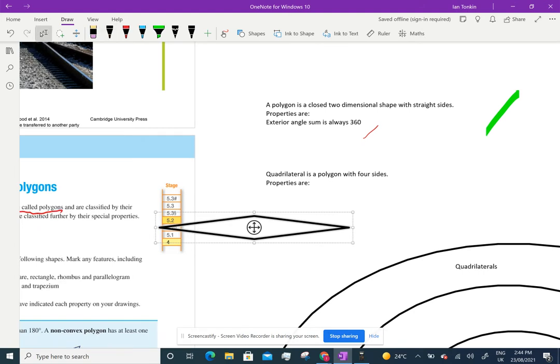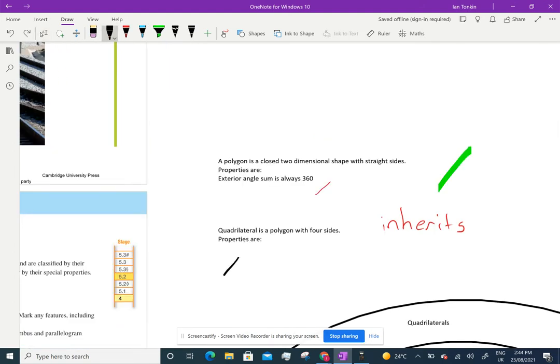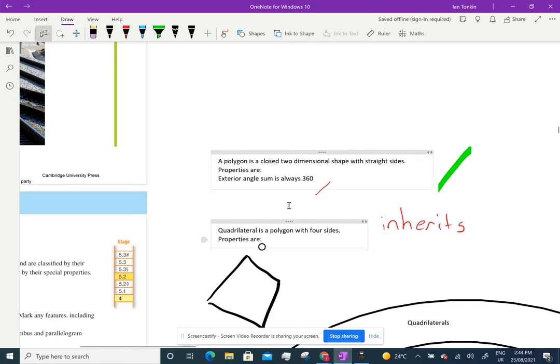I'm not going to use that because I'm going to draw just, that's even worse. I wanted something nice and, anyway, quadrilateral, four sides. What are the properties though? Well, the properties are the interior angle sum is 360.